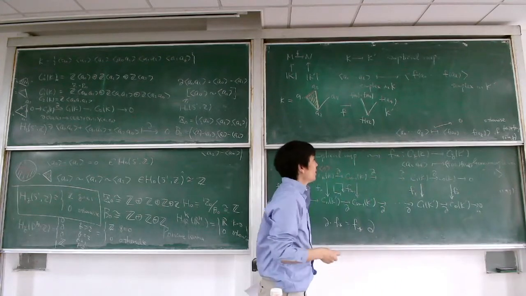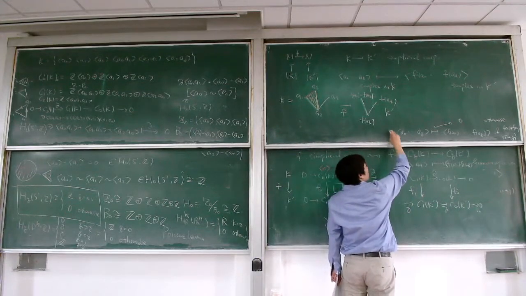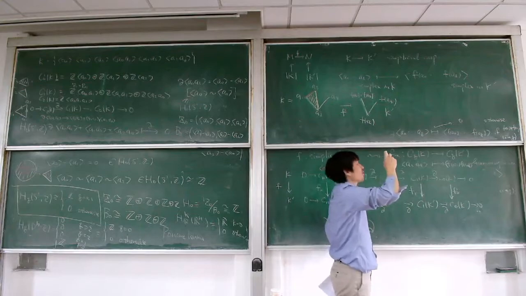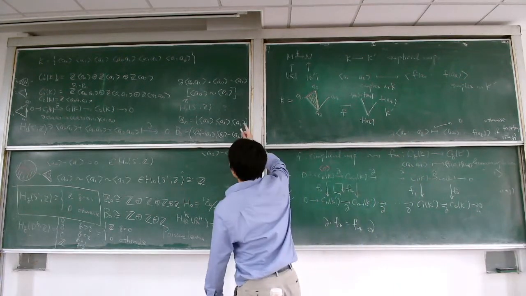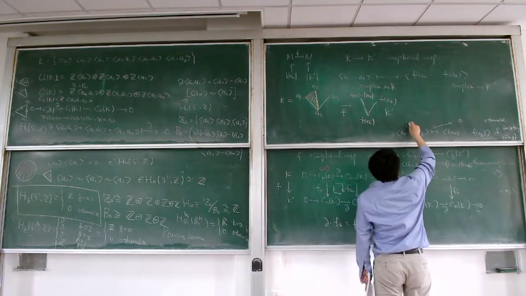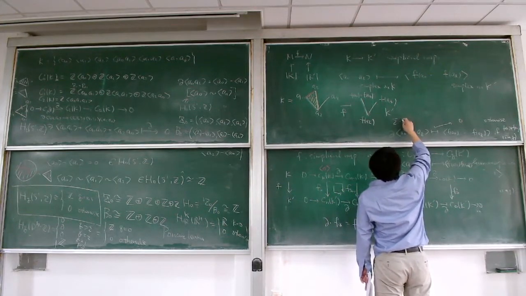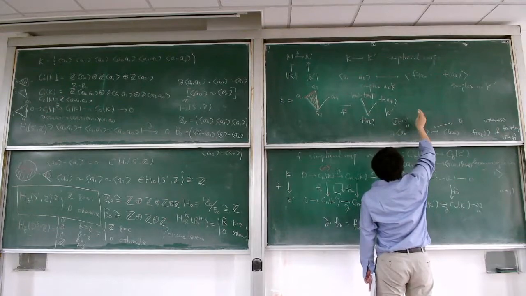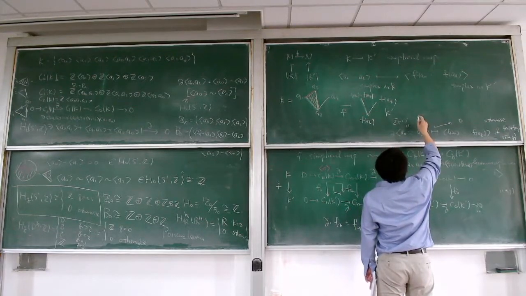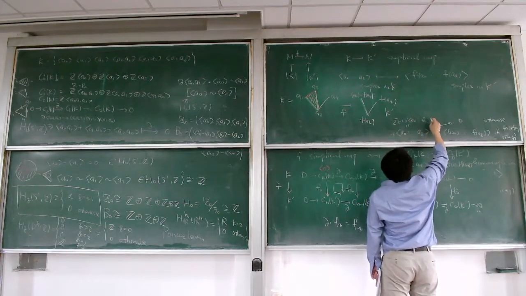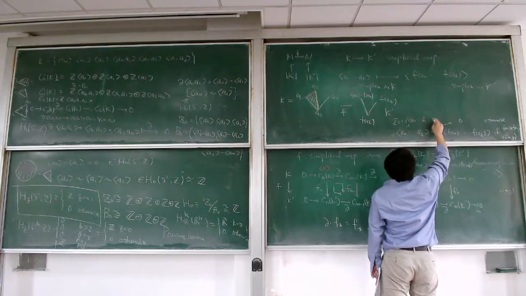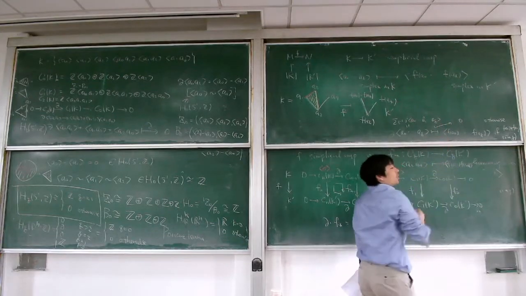So therefore, take the boundary map first. What you end up with, the one I already erased, is the sum of (-1)^I, with A0 through check AI through AQ.